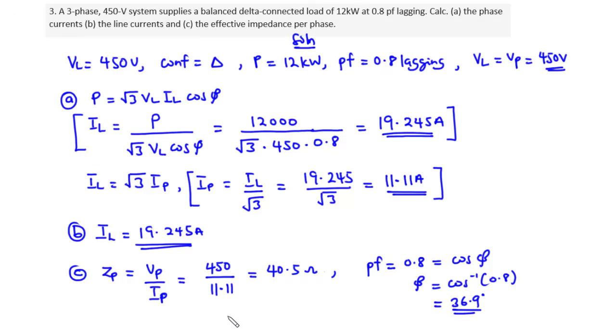So this is the phase angle. So back to the impedance. Now this value, which is 40.5 ohms, is the polar impedance. Therefore we have Zp equal to 40.5 at an angle of 36.9. Hence the effective impedance per phase.